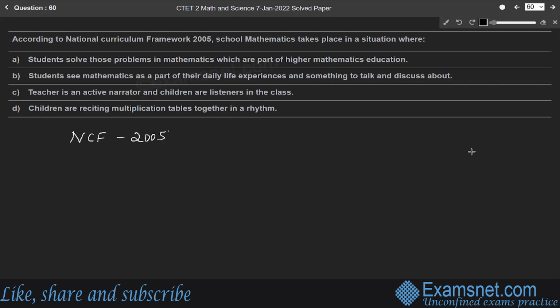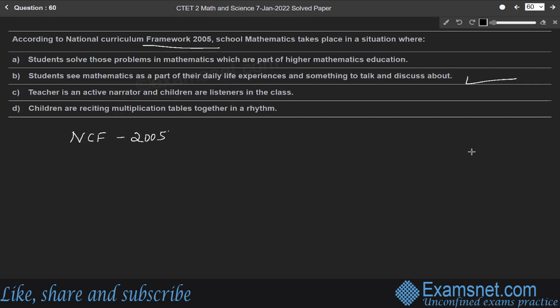Here, according to NCF 2005, school mathematics takes place in a situation where students see mathematics as a part of their daily life experiences and something to talk and discuss about. So here students avoid rote memorization and develop concepts with understanding.